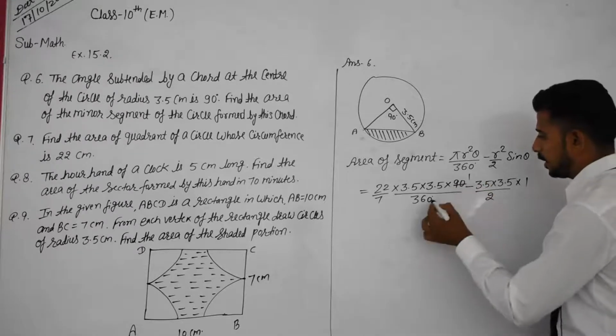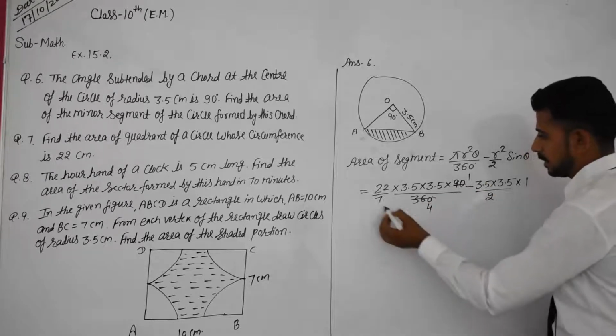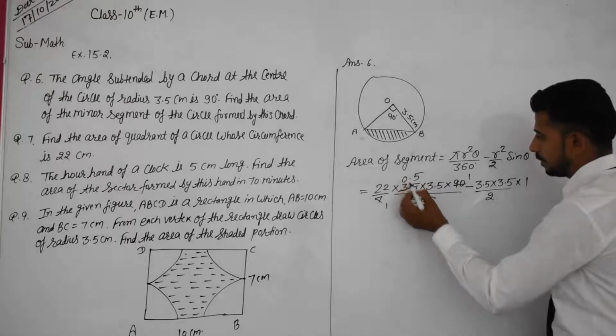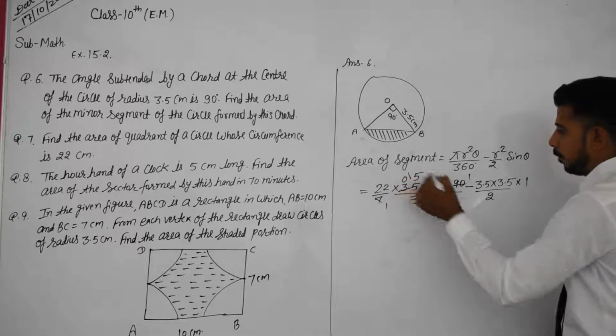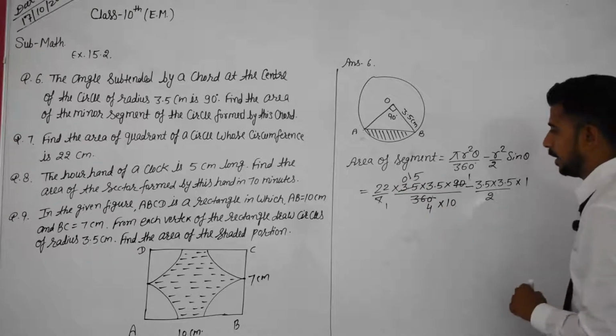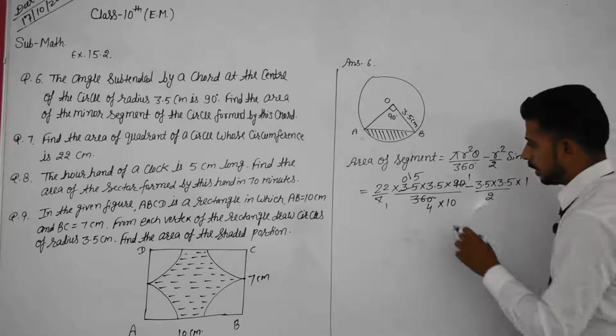90 ones are 90, 90 fours are 360, 7 ones are 7, 7 fives are 35. Remove decimal, then write 10 in the denominator.